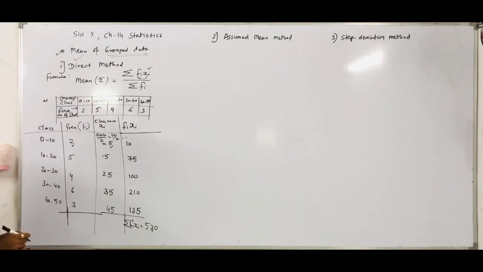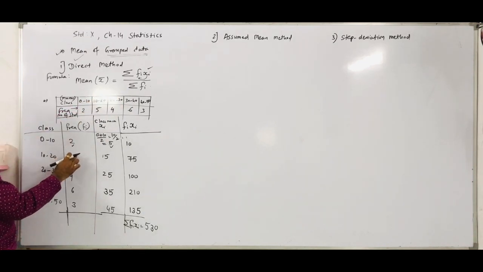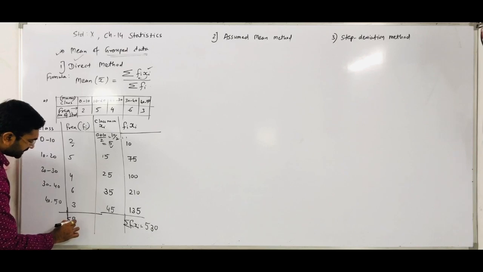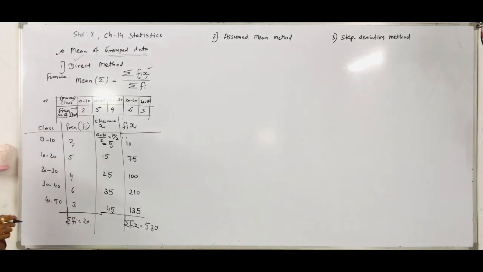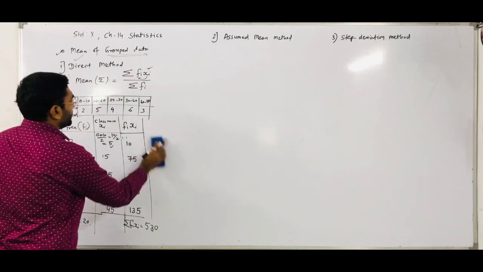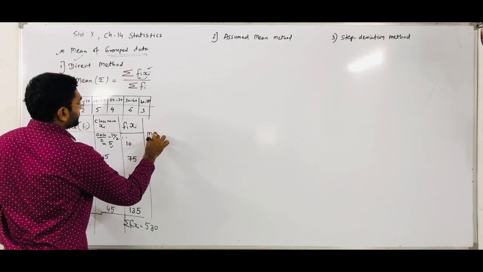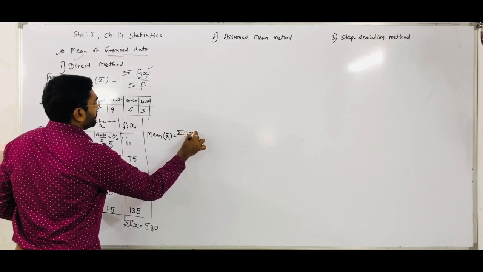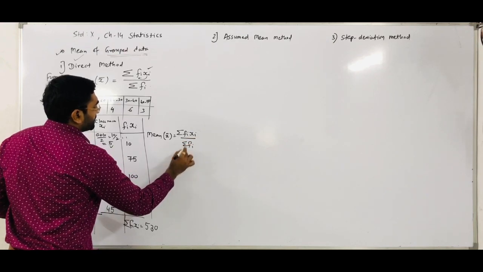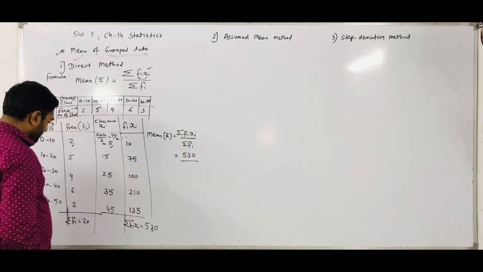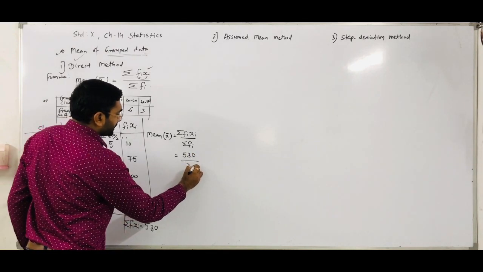Now in the denominator we require sigma fi. So add all these frequency values: 2 plus 5 is 7, 7 plus 4 is 11, plus 6 is 17, plus 3 is 20. Sigma fi is 20. Okay. Now after completing this table, we find the mean using the direct method. We apply the mean formula, sigma fi xi upon sigma fi. Sigma fi xi is 530 divided by sigma fi, which is 20.